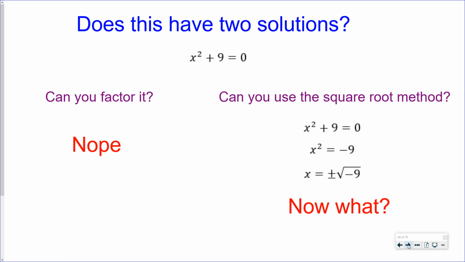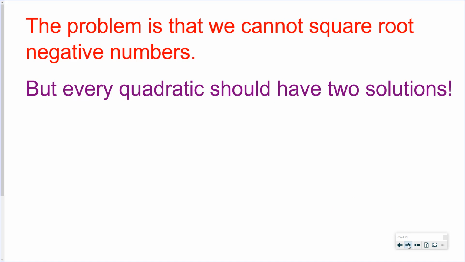Well, with the numbers that humans had at this point, they couldn't do anything with that. The problem is we can't square root negative numbers, but we like this idea that every quadratic should have two solutions. I can pull this apart a little further. If I have the square root of a negative number, I know when I've got a radical, I can pull it apart into two radicals.